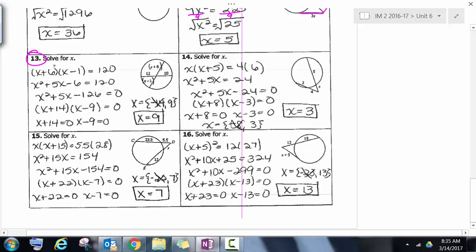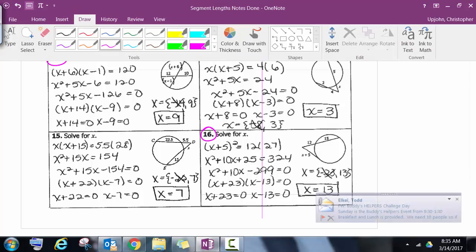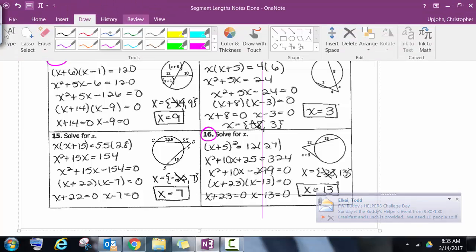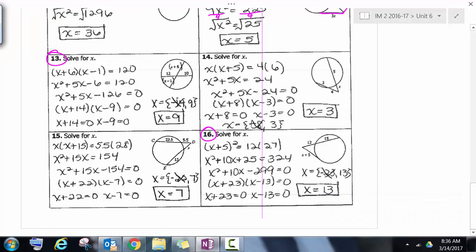Now we're going to look at some ones where we have to multiply and we have to factor. And I'm going to switch my color. Number 13. Again, it's x plus 6 times x minus 1 equals 12 times 10. So this is our chord. 12 times 10 is just 120. x plus 6 times x minus 1, we have to either do the box, I'll do the box this time, or you could FOIL or double distribute.